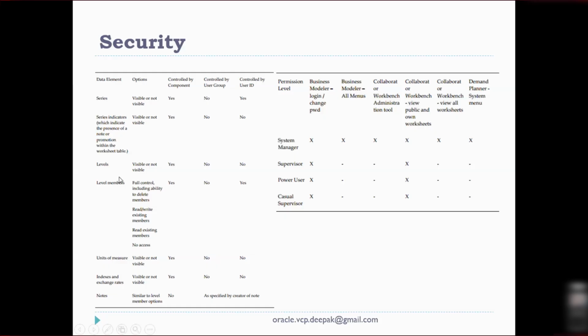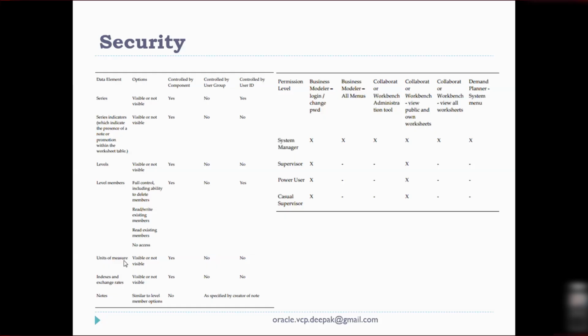Then another data element is the unit of measure. The unit of measure, like dollar value, so USD, or the pallet. This particular unit of measure should be usable by all the users. You should not restrict it so that this user can only see the unit of measure pallet and this user can only see the dollar data.